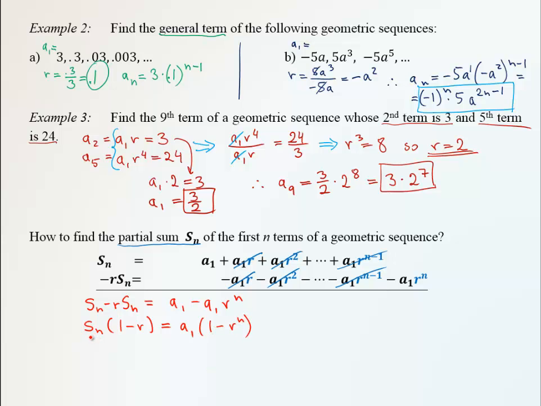Then it's easy to solve for Sn. It's enough to divide by this bracket. So we have a1, 1 minus r to the n, everything over 1 minus r. And that's a formula for the nth partial sum. Let's highlight it. That will be important to know.